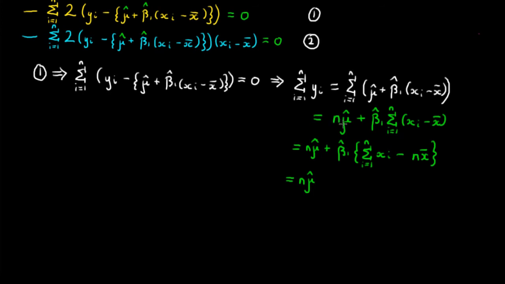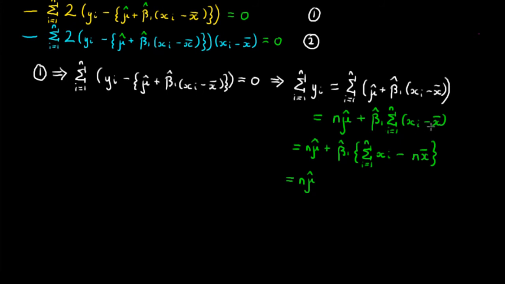So n times mu hat is that first term. And then we'd have the sum of the rest of it, and the beta 1 hat we could take outside, because again it doesn't depend on i. So we'd have plus beta 1 hat times the sum of xi minus x bar. So, next question, what is the sum from i equals 1 to n of xi minus x bar?